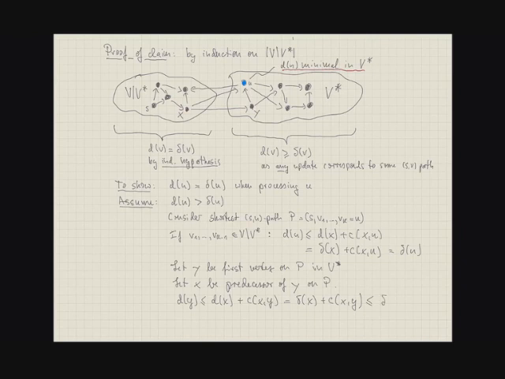So this is at most delta of u. Well, and our assumption was that this is strictly smaller than the current label that vertex u has.